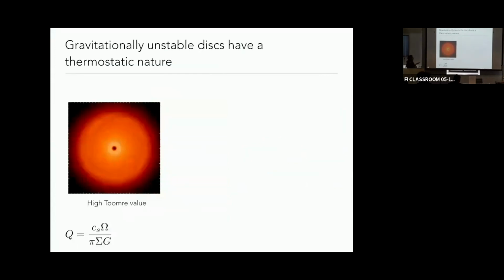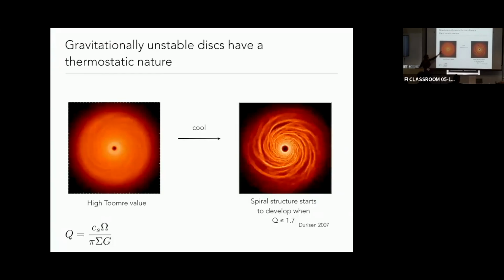Right. Okay. Now, self-gravitating disks have what we call a thermostatic nature associated with them, right? The images I'm going to use here are a little bit exaggerated, but just to highlight a point, right? If you have a high Toomre value, this disk is very stable, right? There's no heating in this disk.